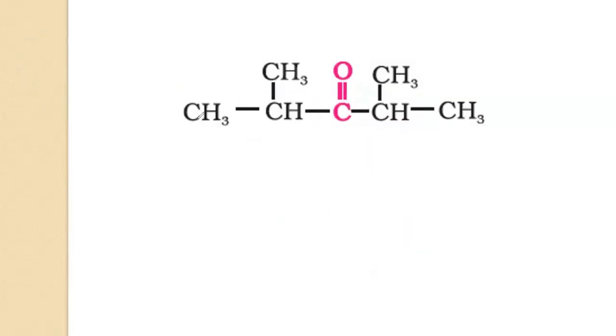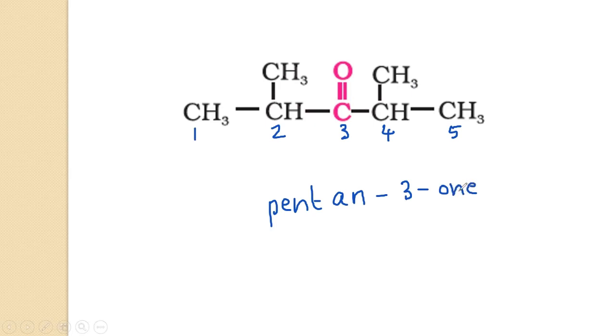So let us do a few examples. Here the longest chain contains 5 carbon atoms. So you have a pent. There are no double bonds, so you put in the an, pentan. Then the position of the keto group is the third carbon. So pentan-3-one.